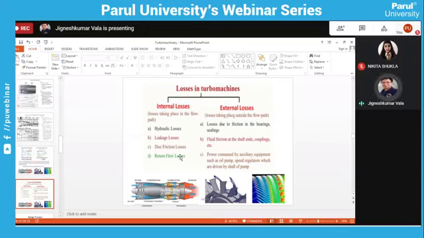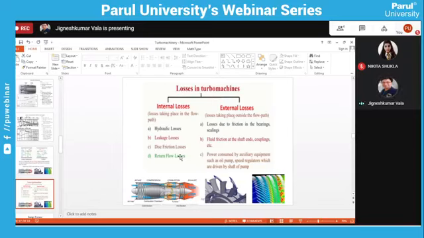There are different types of loss in turbomachines, like internal loss as well as external loss. We will see the different types of loss we come across, how to account for them, and finally how these lead to efficiency.